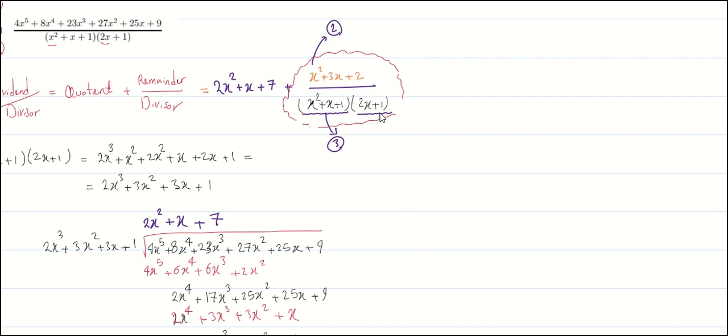So we can now break this rational expression and write x squared plus 3x plus 2 over x squared plus x plus 1 times 2x plus 1 as equal to, first the linear term, A over 2x plus 1. Then for the irreducible quadratic factor x squared plus x plus 1, we have Bx plus C.